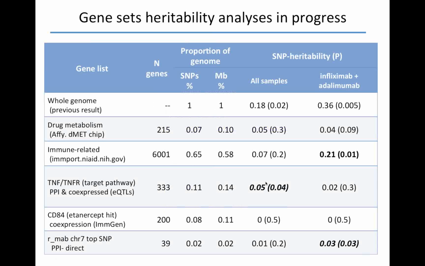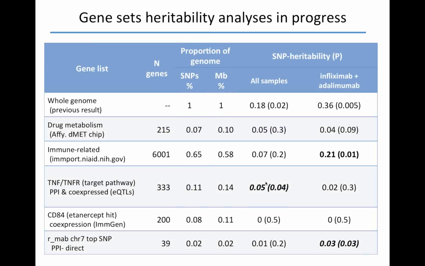And if we look at the rows further down, here we are focusing on SNPs that map to genes in these particular gene sets where we've used those external data sets to do SNP selection to build these variance component models.